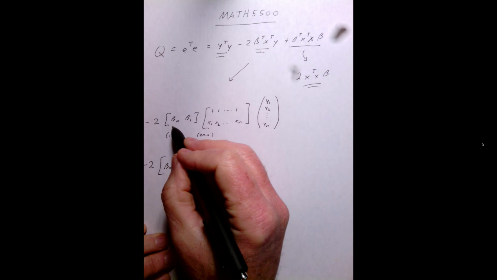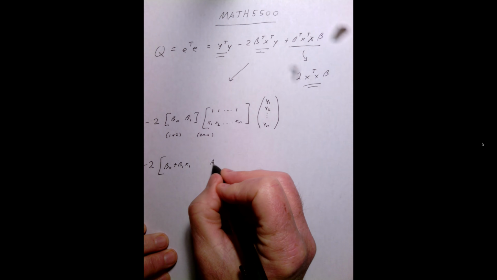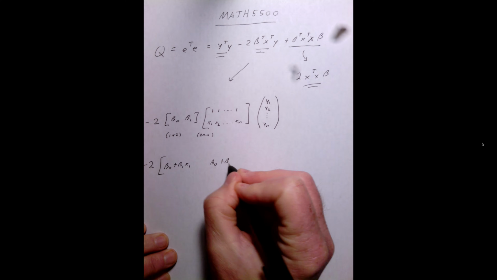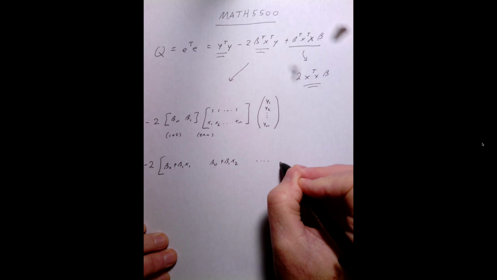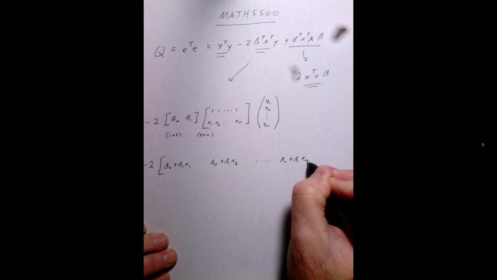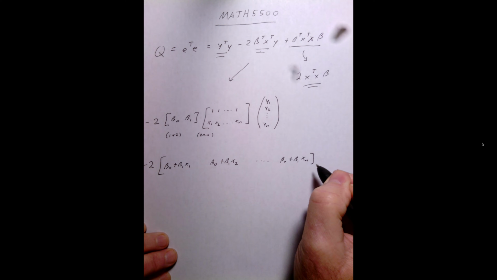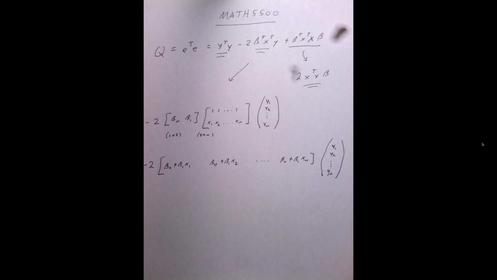Second term, again, linear combination of the row and column, and this comes out to beta 0 plus beta 1 x sub n. Now I can go ahead and distribute the 2, but I'm just not going to do that just yet. It's just going to clutter up things, and trust me, they're going to get cluttered up enough.